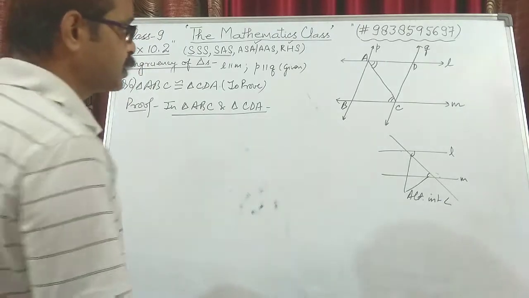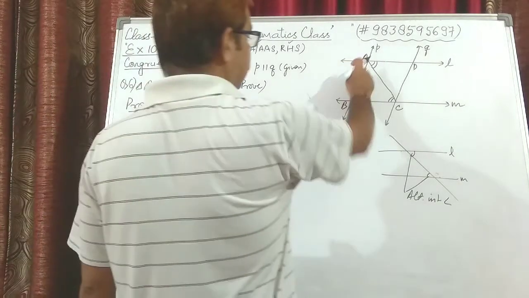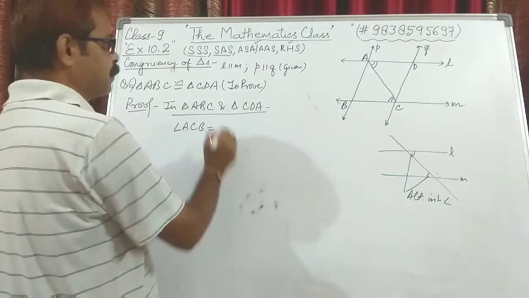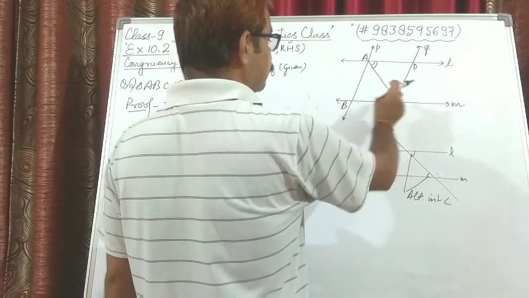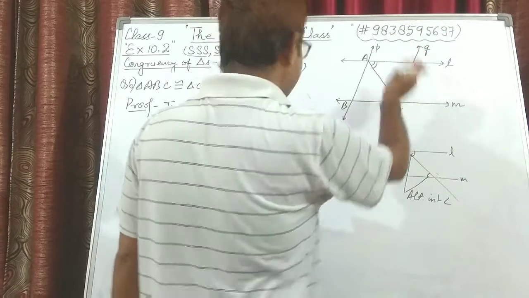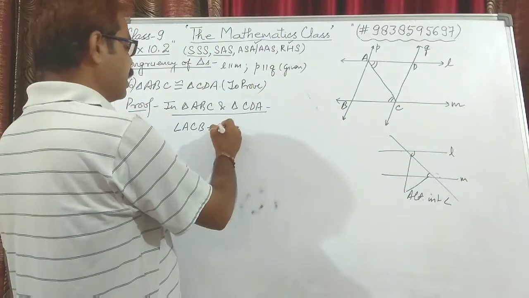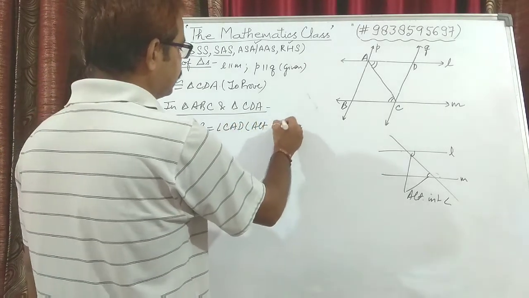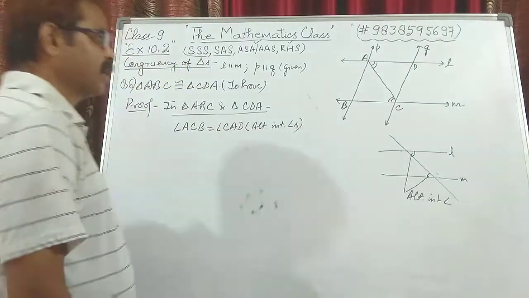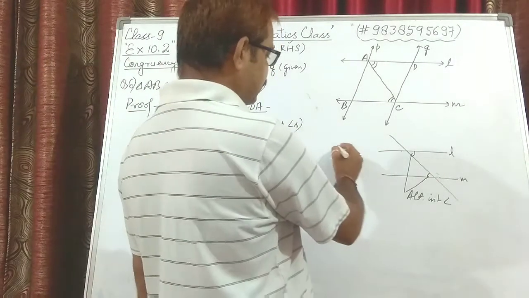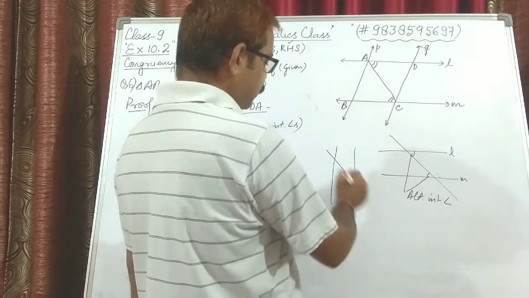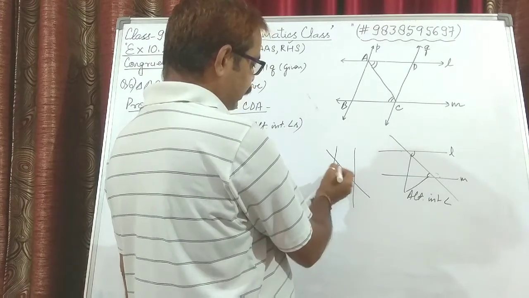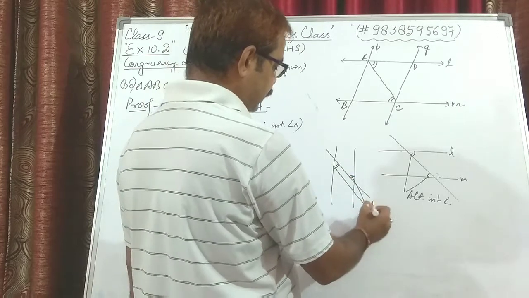What is there? First, in triangle ABC we are getting angle C. So we'll write angle ACB is equal to angle CAD, that is in triangle CDA, and the reason is alternate interior angles. Number one. Second point, if these are two lines intersected by a transversal, this angle and this angle also act as alternate interior angles.